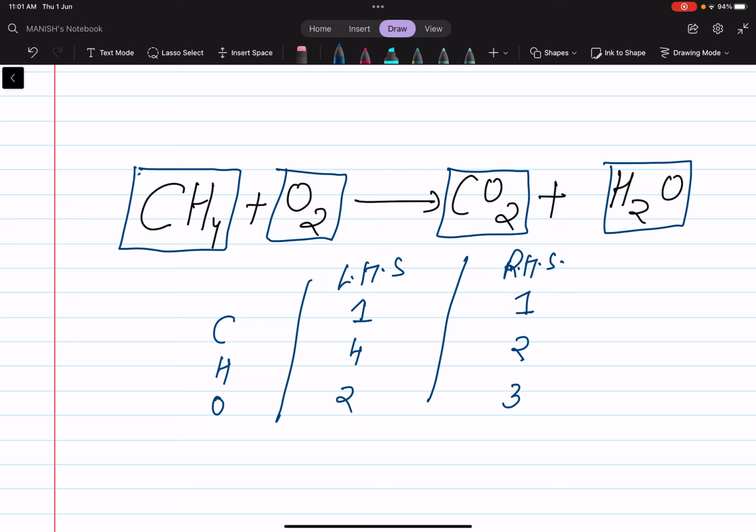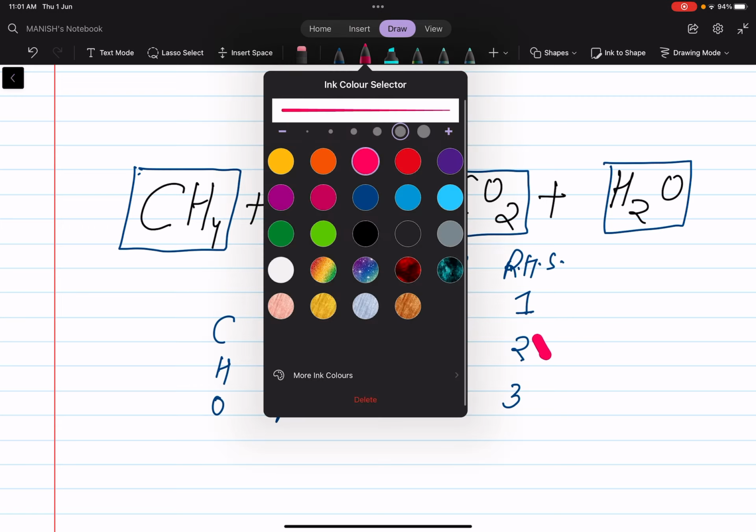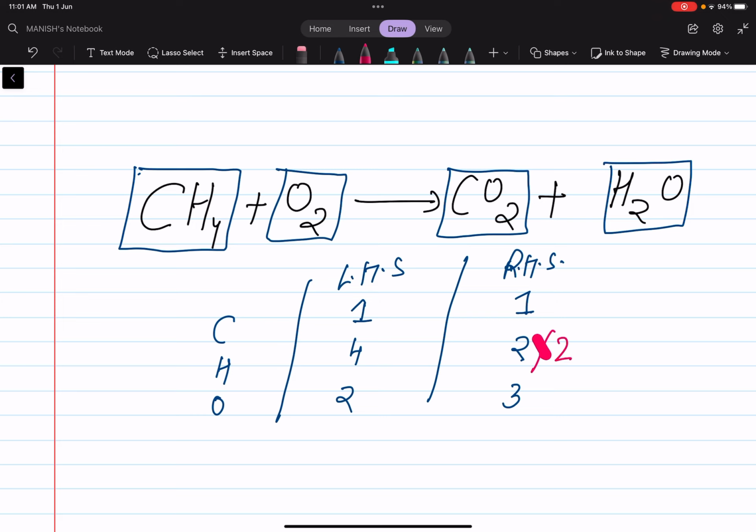So let's balance the hydrogen first. So to balance the hydrogen, what we can do, we can multiply the number of hydrogen atoms with 2 in the right hand side. So it becomes 4. So hydrogen is balanced.